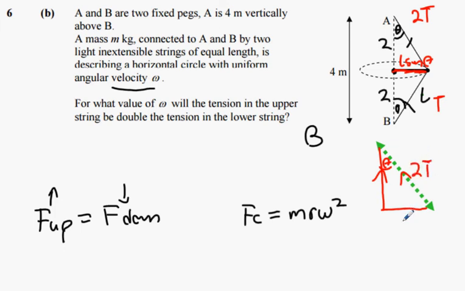So what's this component here? 2t sine theta. Would anybody agree with that? Because sine theta equals, if we call that y, y over 2t, which makes it 2t sine theta. If I was to label this x, cos theta would be x over 2t, which makes x 2t cos theta.